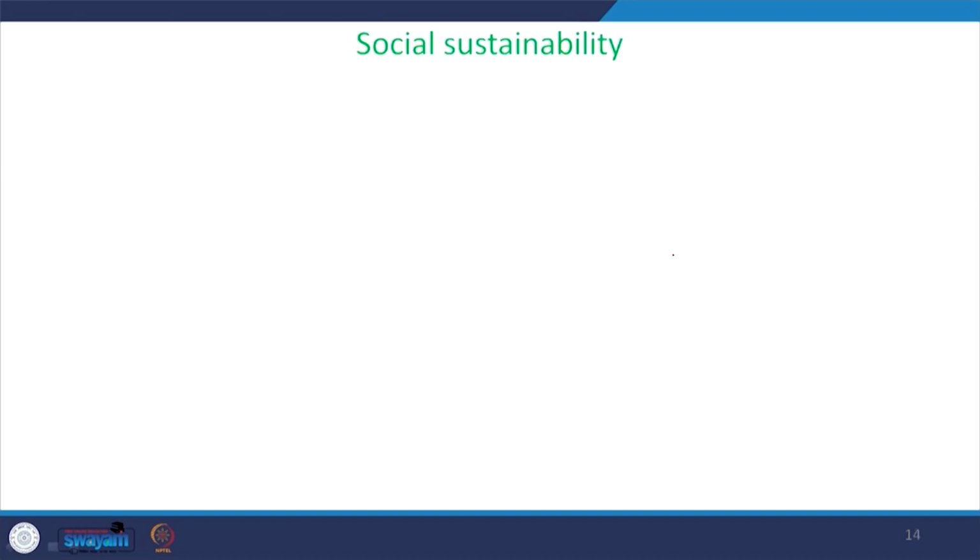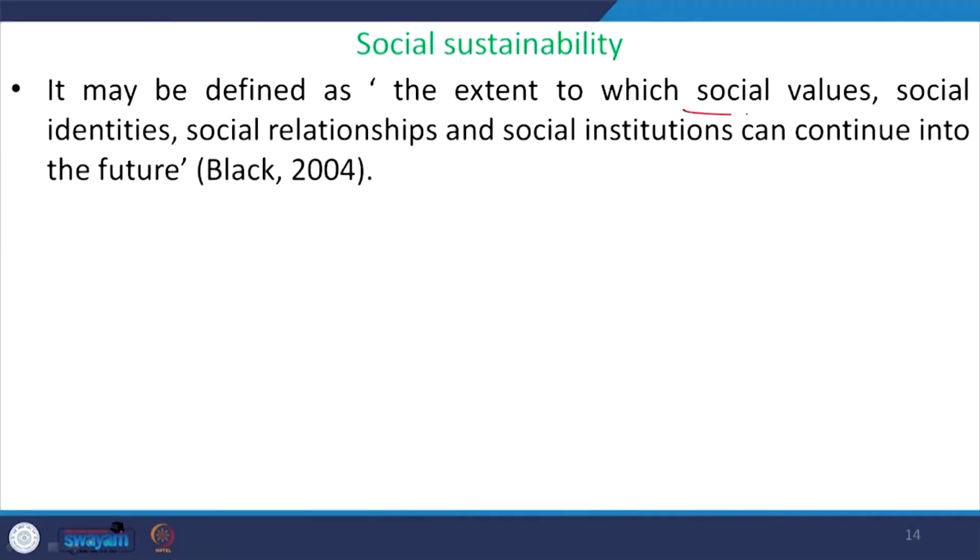And again we need to talk about the social sustainability. This is the third pillar of sustainability itself. So how are we understanding this social sustainability? Here the societal values, the societal identities, the societal relationships or the institutions that are existing in the society, they must continue for the future as well.